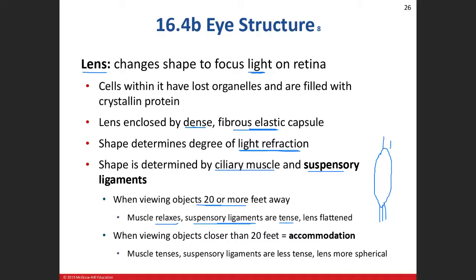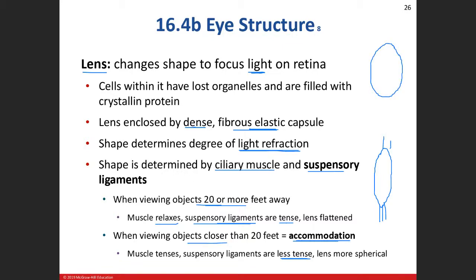Now, when you go from looking at something far away, say it's a mile away, and then you glance down at your watch to see what time it is, and you're focusing at something closer than 20 feet, that process is called accommodation. We talked about this last week, right? And when that occurs, the ciliary muscle tenses up, but that causes the ligaments to become relaxed or less tense. So the actual lens becomes fat.